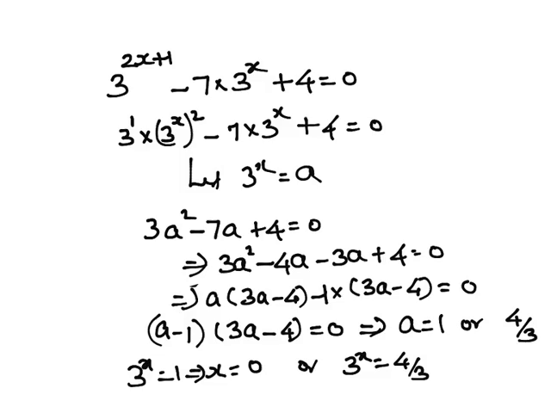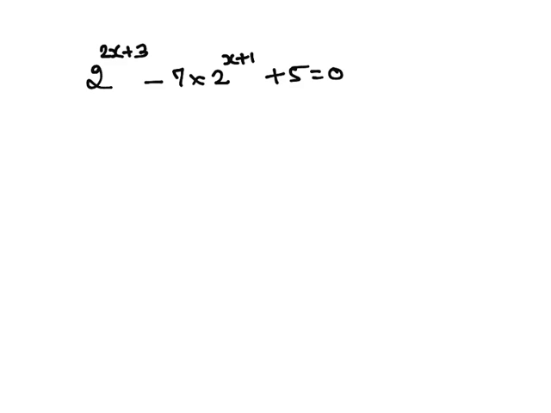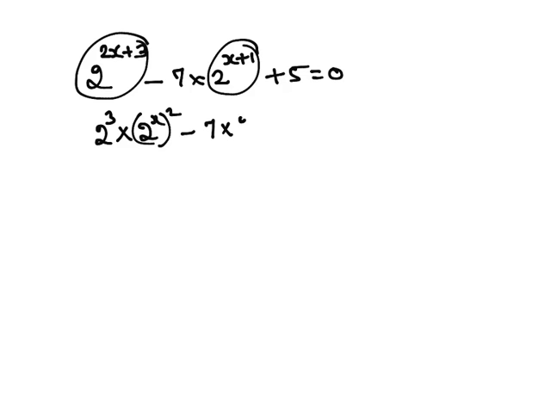Now it's the same type, students, like the previous problem. So what I'll do is I will write this as 2 power 3 into 2 power 2x, which is nothing but 2 power x the whole square, minus 7 into, now 2 power x plus 1, I can write it as 2 power 1 into 2 power x, plus 5 equal to 0.